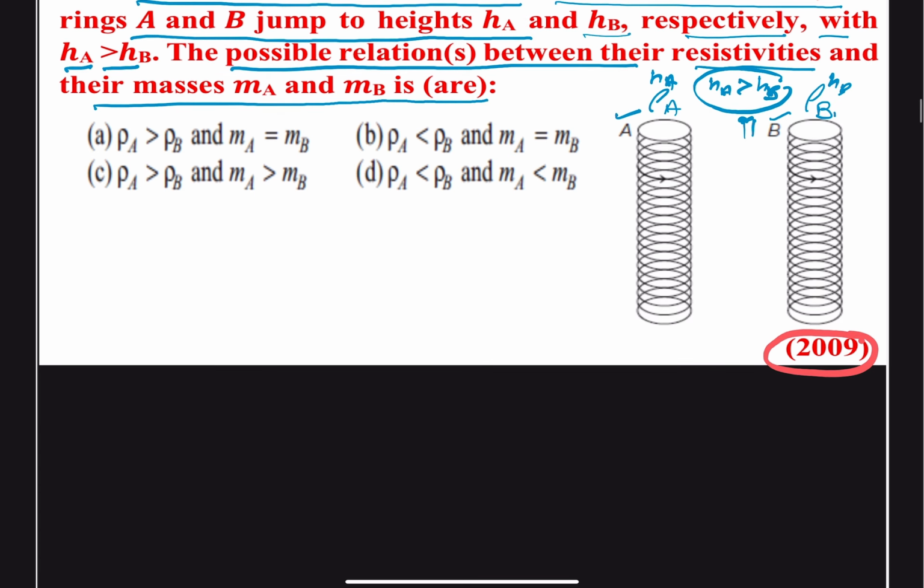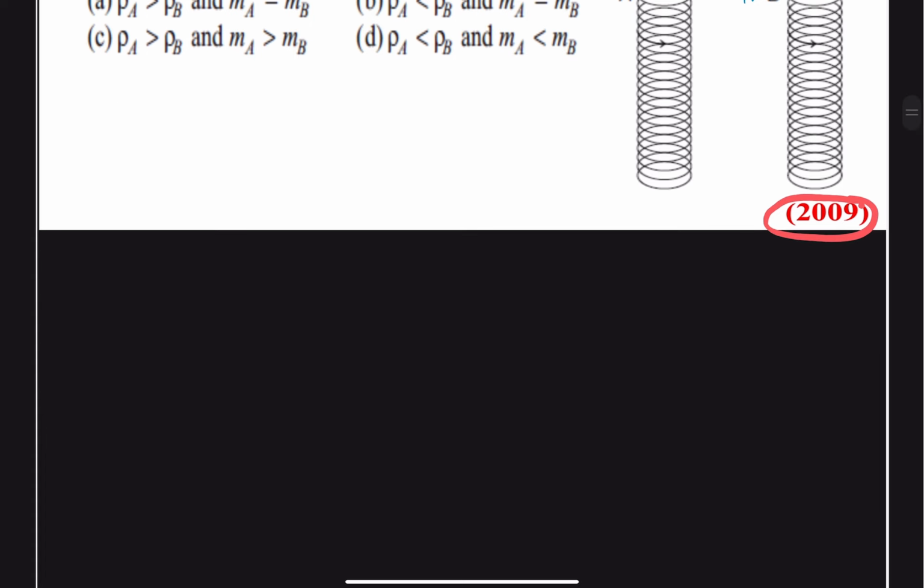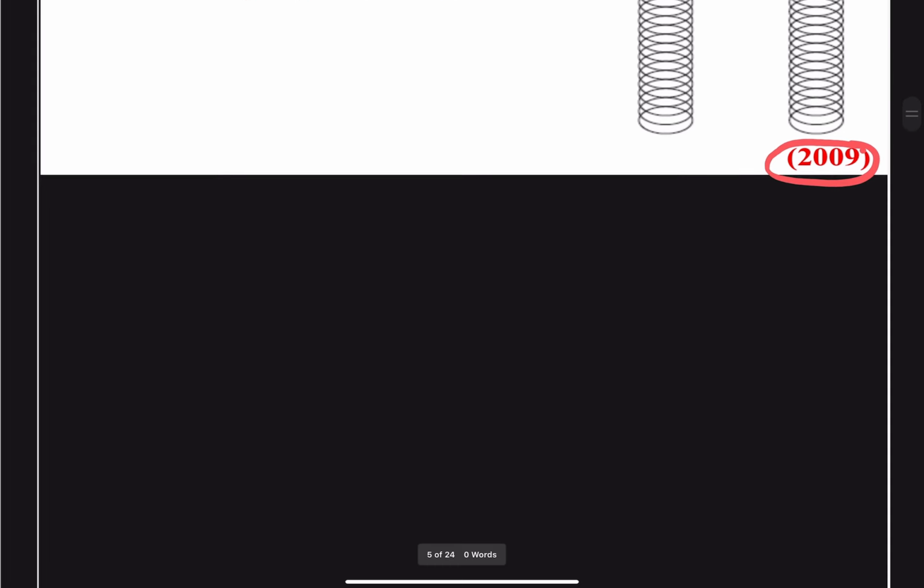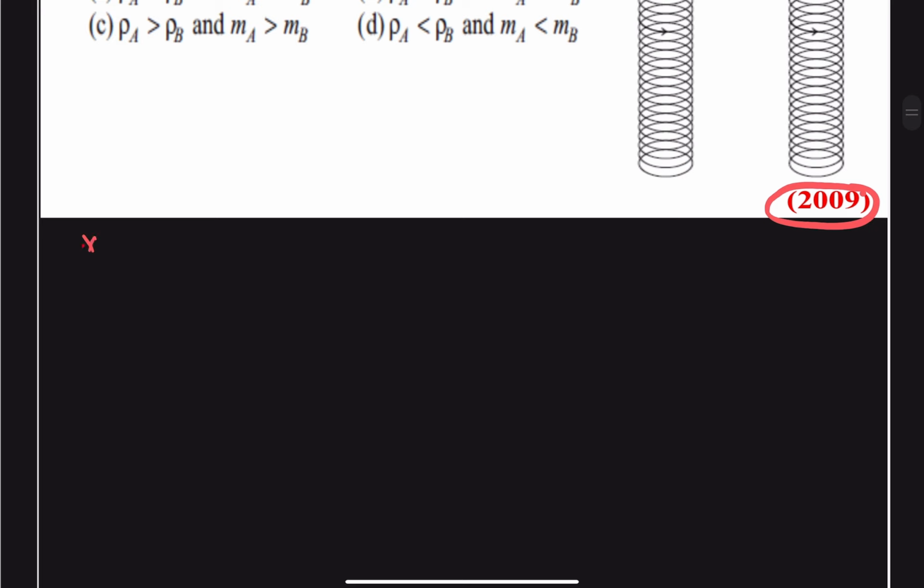First of all, we try to understand this. Because the ring is placed on a solenoid, as soon as the current in the solenoid is changed, the magnetic flux through the ring changes and an EMF is induced in the ring. So we start from there. Induced EMF and current.